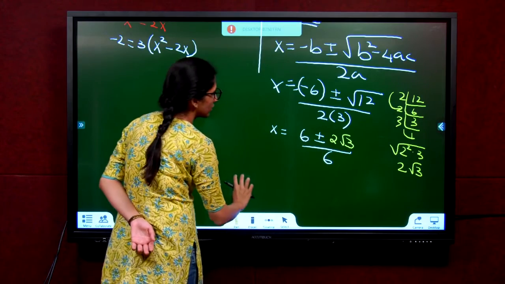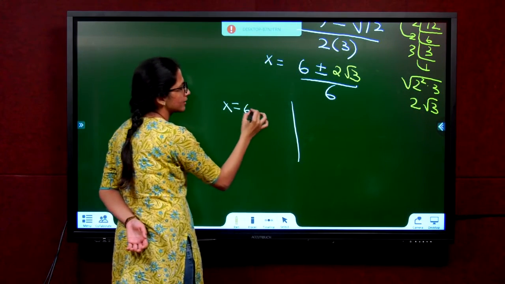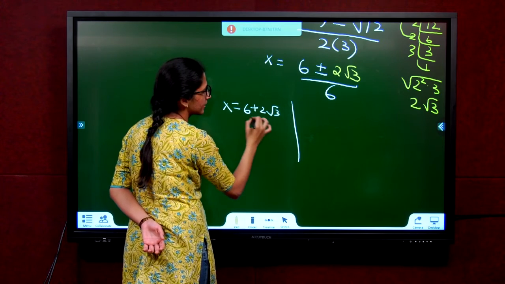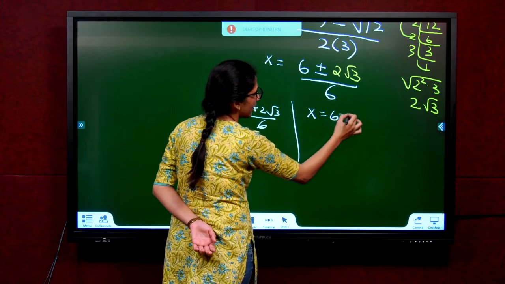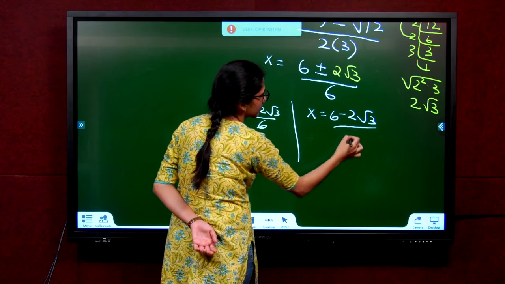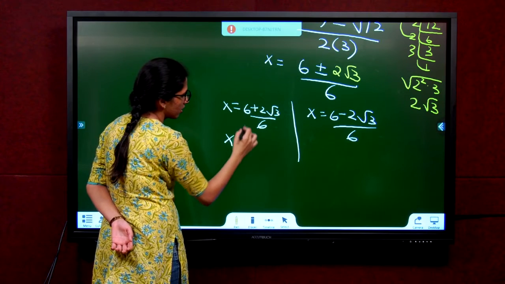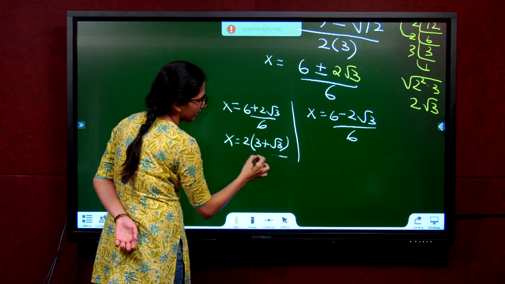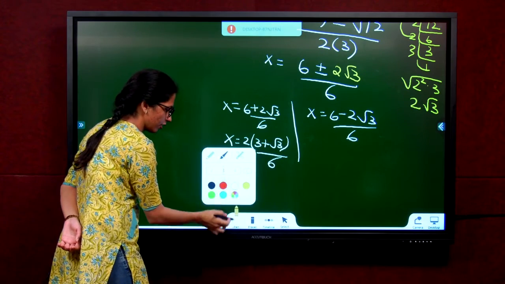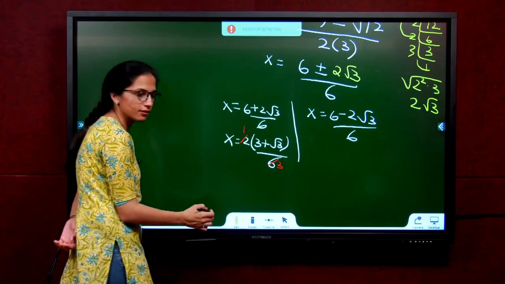So we have two solutions now. x is equal to 6 plus 2 root 3 by 6. x is equal to 6 minus 2 root 3 by 6. You can take 2 common here. On top, 2 into 3 plus root 3 by 6. Always take common when you can cancel. 2 ones are 2, 2 threes are 6.